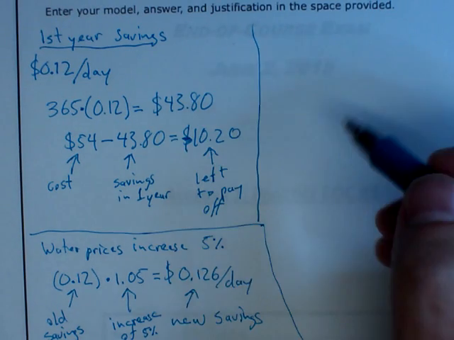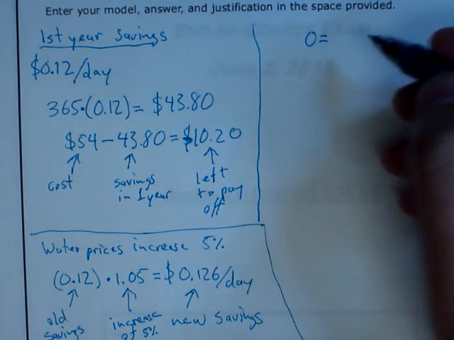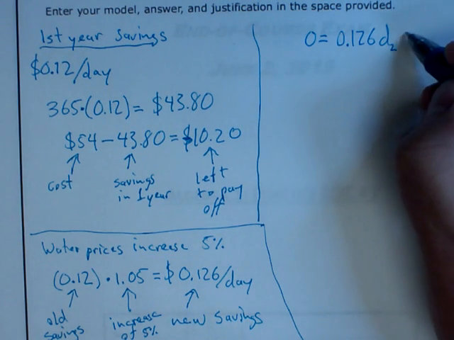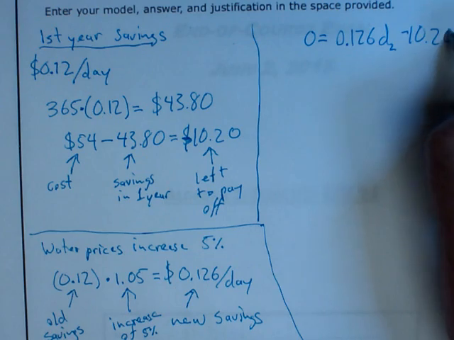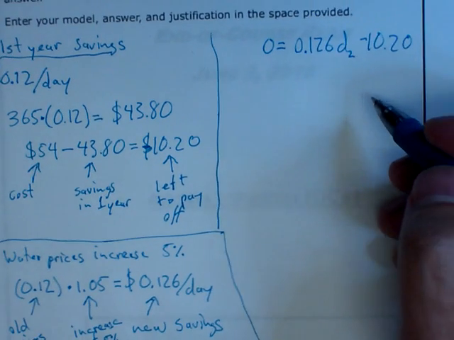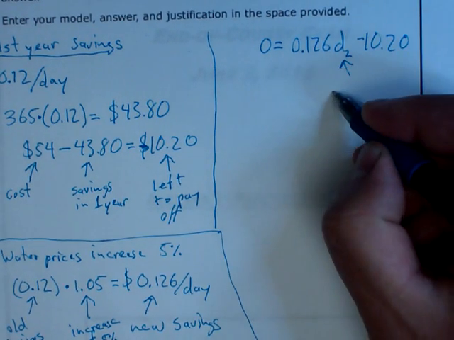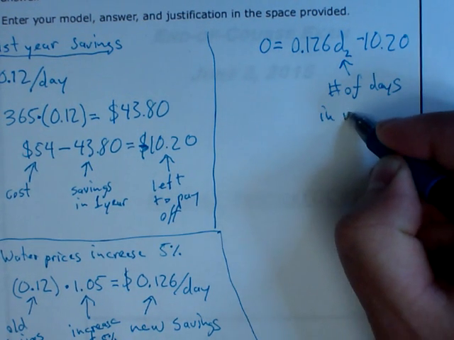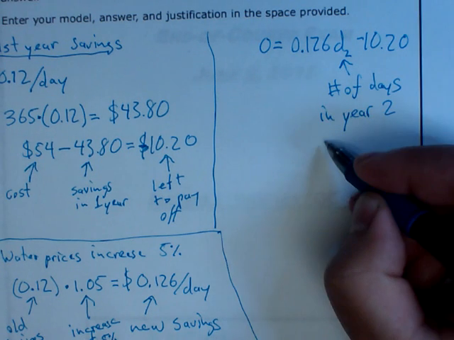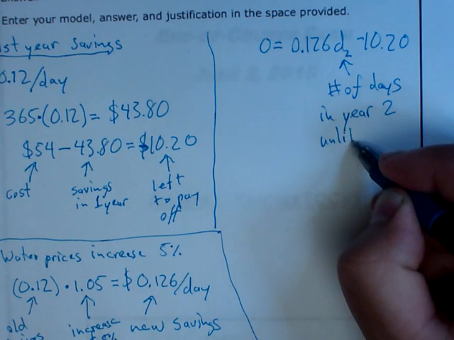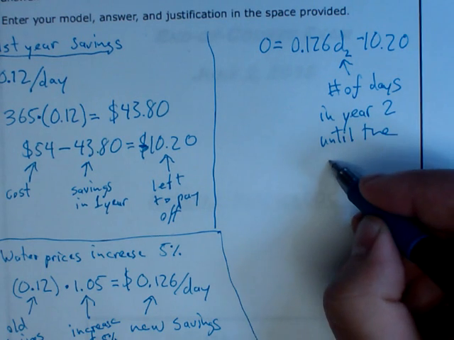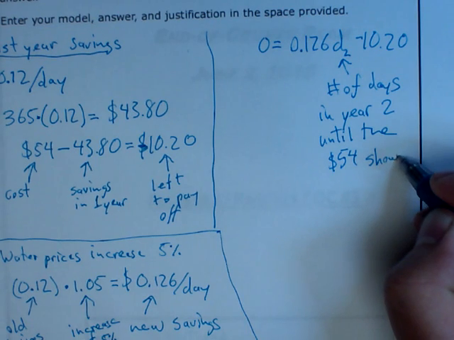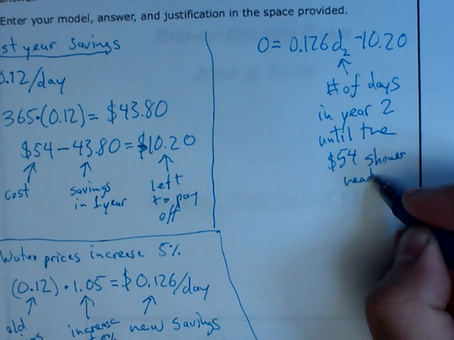So when S is equal to 0, when 0 is equal to 0.126 times D sub 2 minus 10.20, this will be the number of days in year 2 until the $54 shower head pays off.